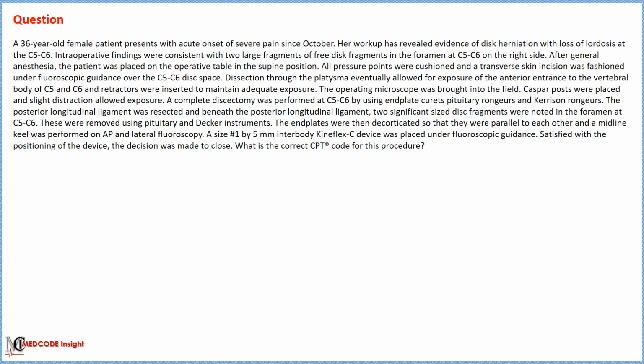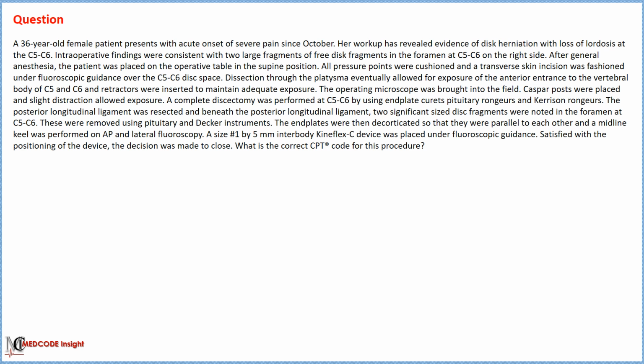A 36-year-old female patient presents with acute onset of severe pain since October. Her workup has revealed evidence of disc herniation with loss of lordosis at the C5 to C6. Intraoperative findings were consistent with two large free disc fragments in the foramen at the C5 to C6 on the right side. After general anesthesia, the patient was placed on the operative table in the supine position.